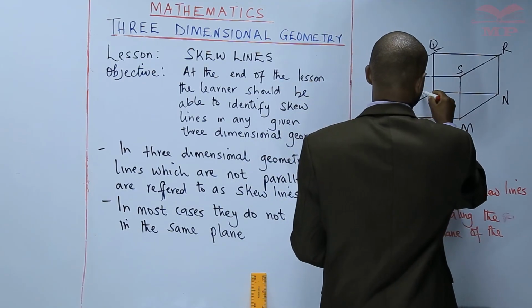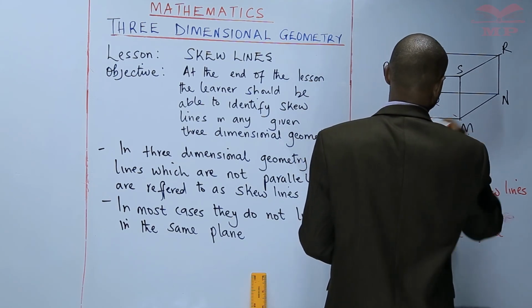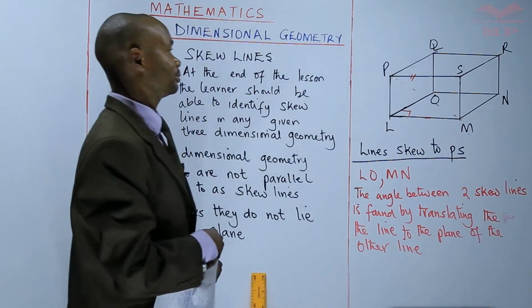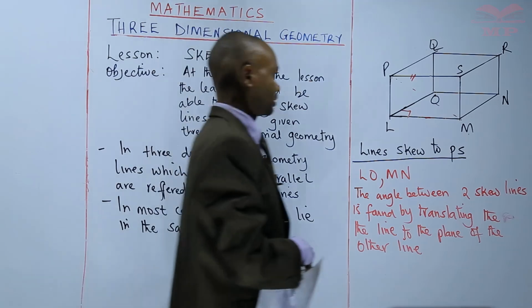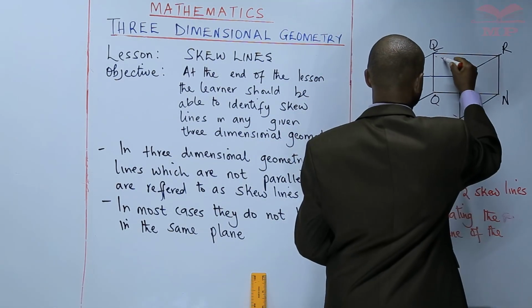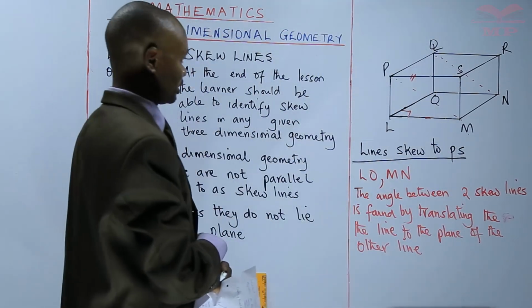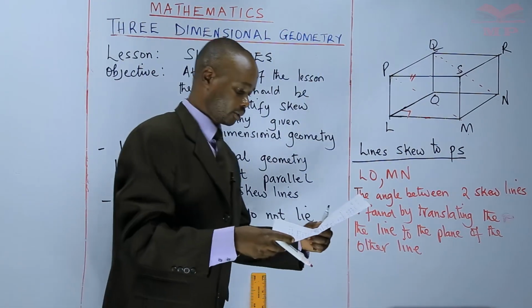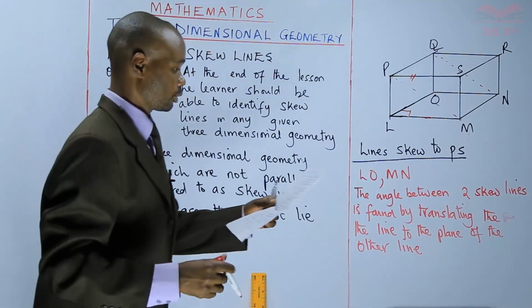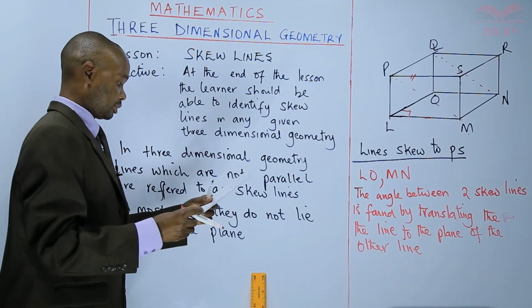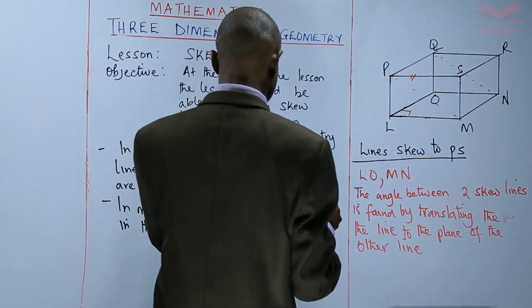You'll find still the lines will not be parallel to each other. They'll still be skew lines. So we can find lines skew to PS.